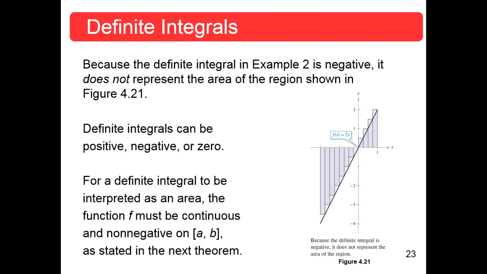Well, negative areas, you can't really have a negative area, but it's the opposite of that area. It's the negative of that area that you're doing there, which can be then a negative number. The area is positive, but the negative of that is negative. So your definite integrals can be positive, they can be negative, they could be 0.